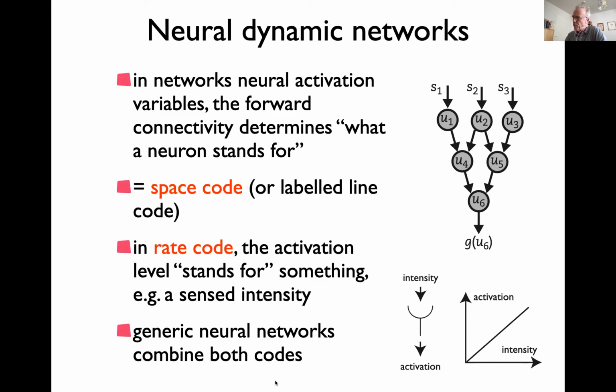And what that means is that they combine both codes. So very often the firing of a neuron depends on the intensity of these inputs, but it also differs in different locations of the network. So it also depends on where you are in the network, right? For us, that you will see makes a big difference, because this rate code is actually not very important once you are within our neurodynamic architecture somewhere in the center. It only plays a role in the periphery.